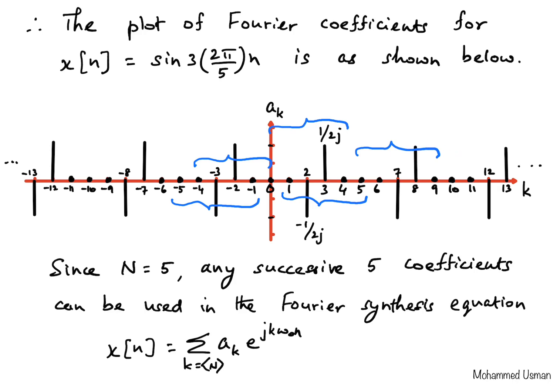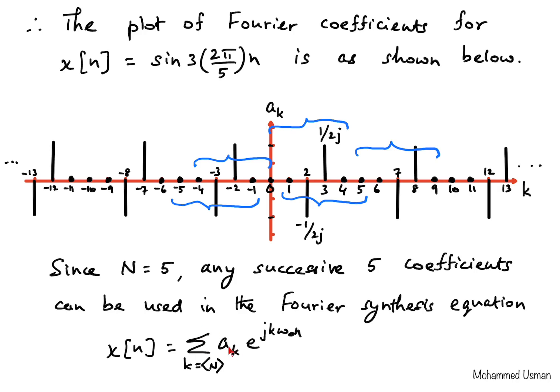So we can choose any n successive values of k. We will get the same result, because irrespective of which range we choose, there are only two non-zero values. One of them is 1 by 2j and the other is minus 1 by 2j. All the others are 0 in every range, which I have shown in these blue curly braces. This is just to illustrate that the Fourier coefficients are periodic.